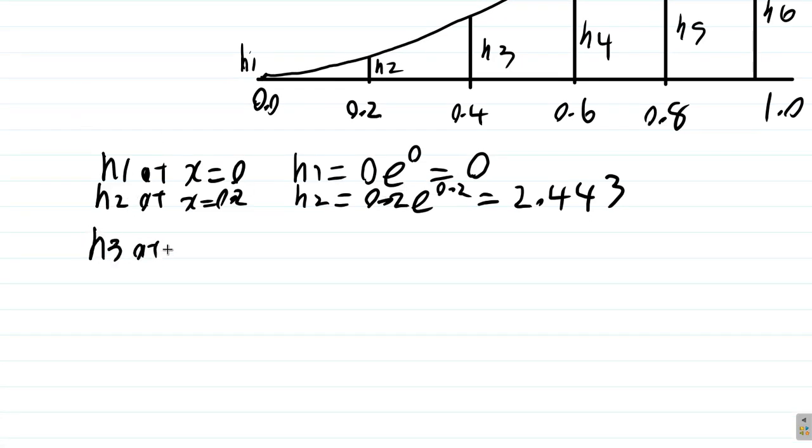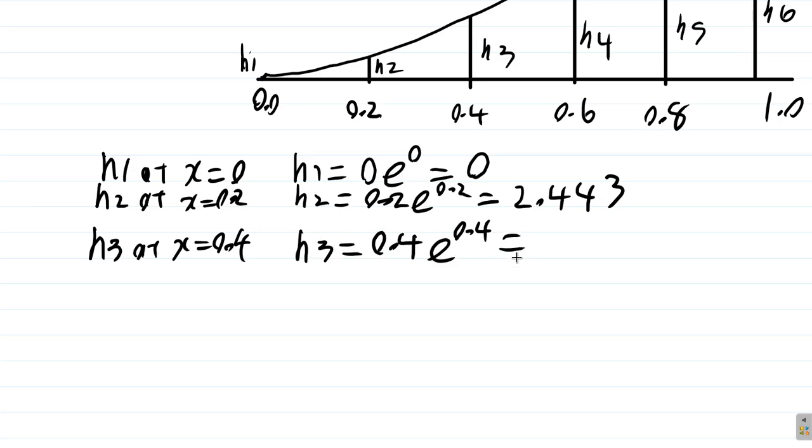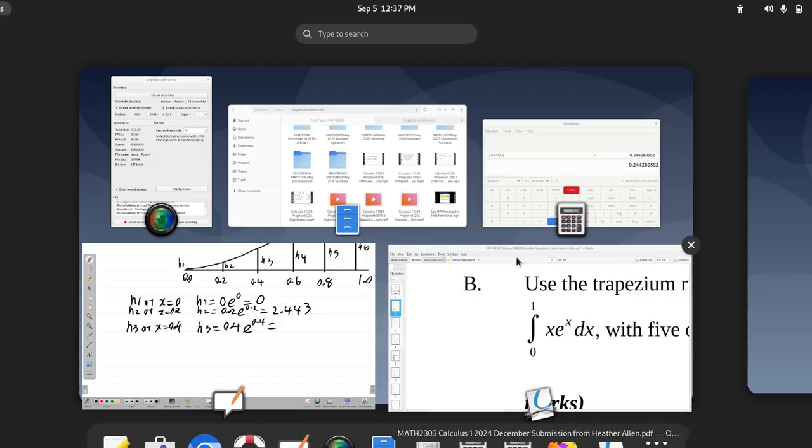H3 is at x equal 0.6, no, 0.4. H3 is at x equals 0.4. So H3 is equal to 0.4 e to the 0.4, which is what?